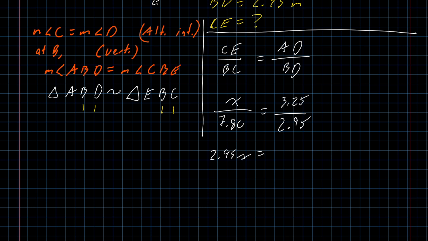All right, cross product test, 2.95 times X, and then 3.25 times 7.80. My calculator tells me that is 25.4. And then I get X by itself by dividing by that, and it comes out at 8.59.